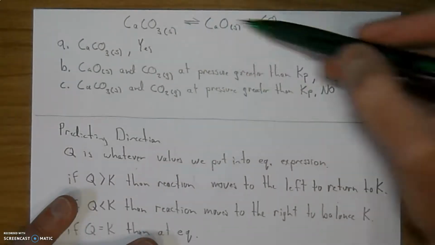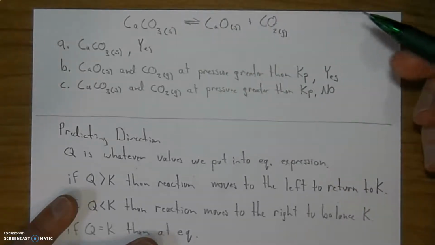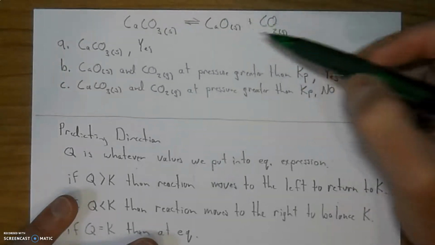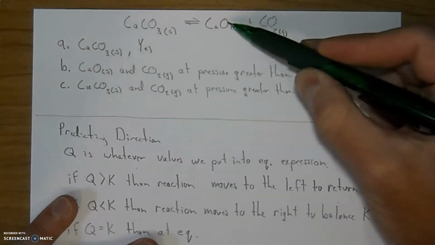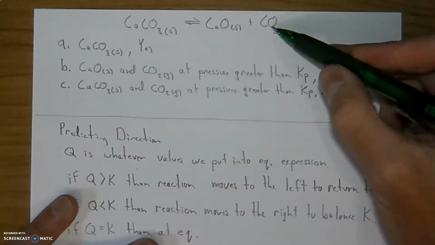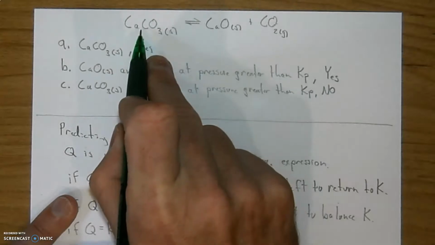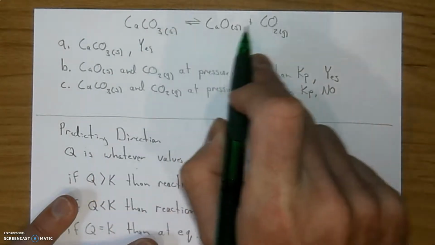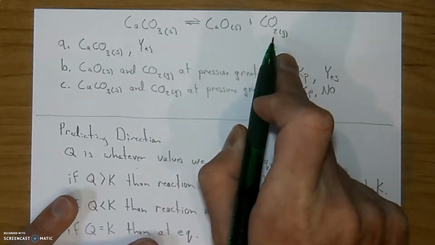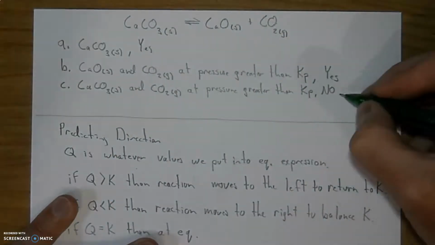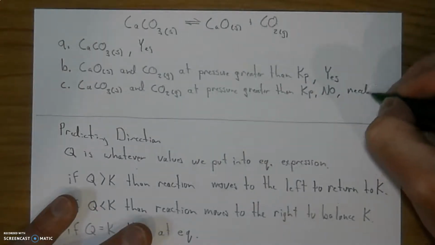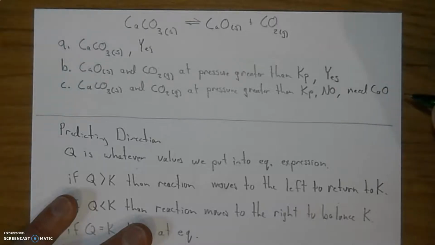But unfortunately, I have to have all of the reactants, or excuse me, in this case, products, both of these products present in order to shift in that direction. I only have the one. This cannot decay on its own and form this because the pressure is inhibiting the decay in this direction. So the actual answer is no. Just to add to this, we need calcium oxide present. We don't have it.